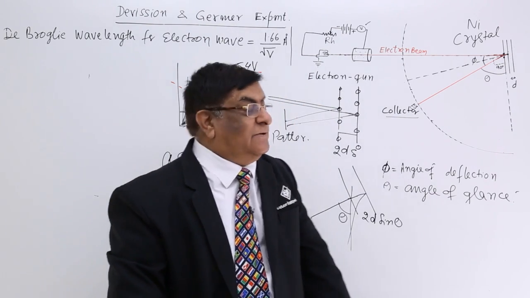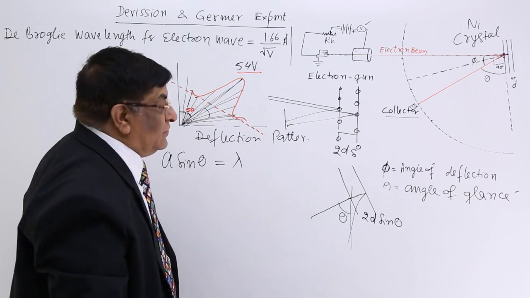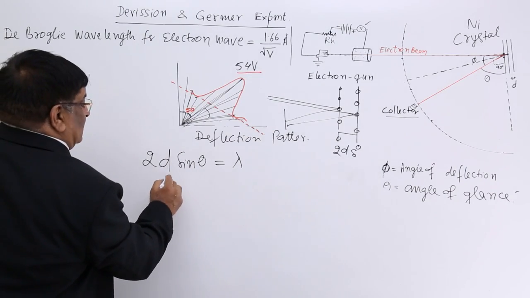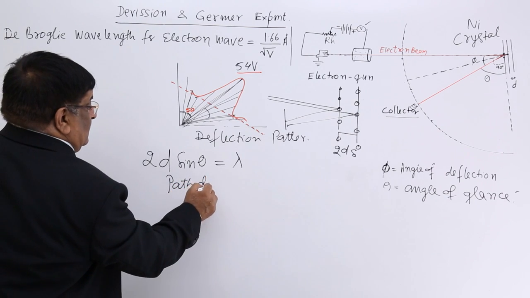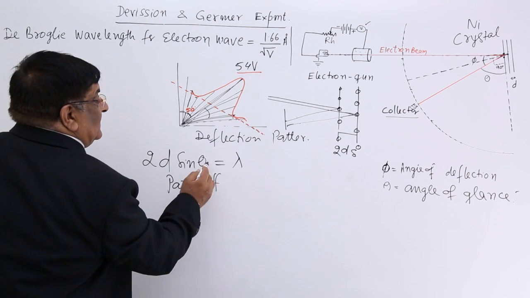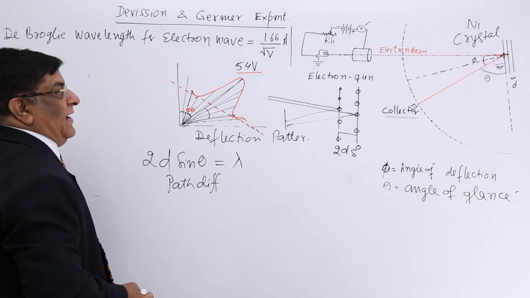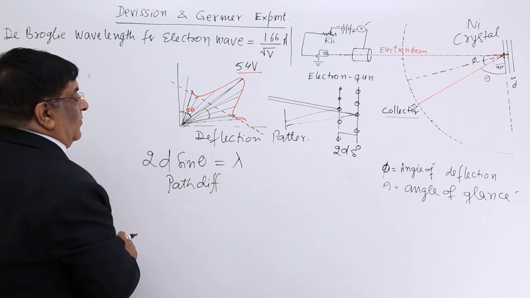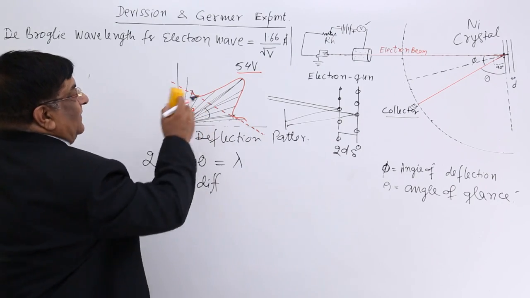Now, the path difference is 2d sin theta. If this path difference is equal to lambda, then what do we get? The dark point. This is our formula for diffraction.